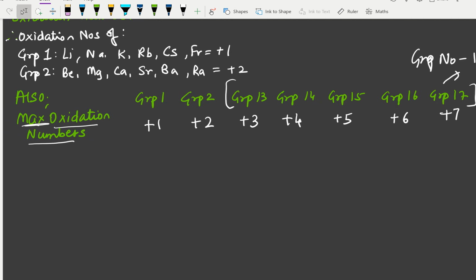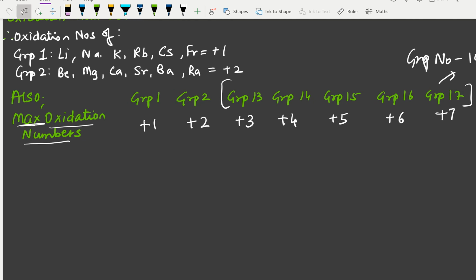So what is the meaning of the word maximum oxidation numbers? Well, the thing is that it is not possible to lose more electrons than there are in the outer shell. So the maximum possible oxidation number for a group 16 element is plus 6, because there are 6 electrons in the outer shell.